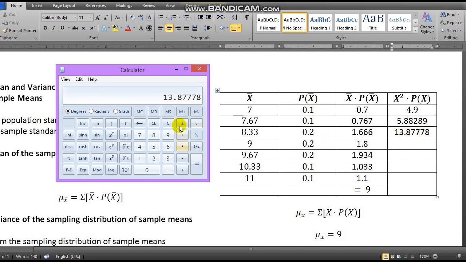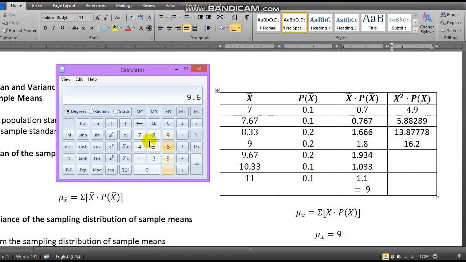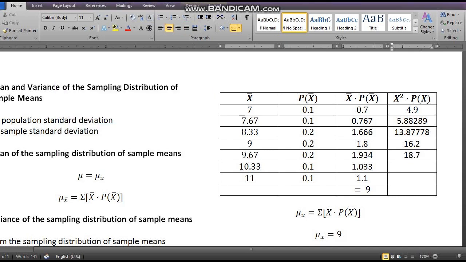Next we have 9 times 1.8, which is equal to 16.2. Then next, 9.67 times 1.934, which is 18.70178.